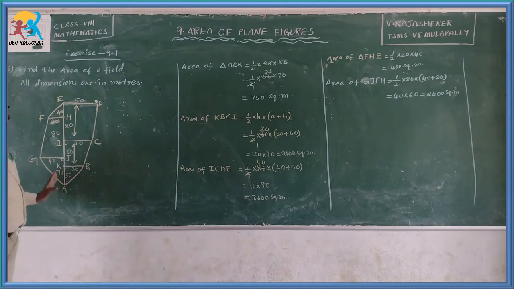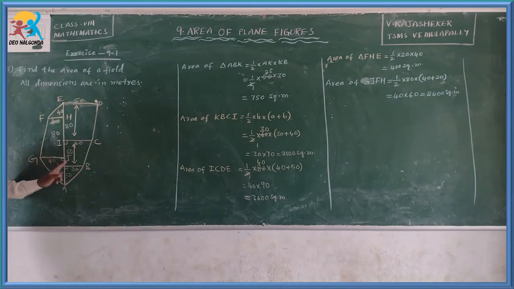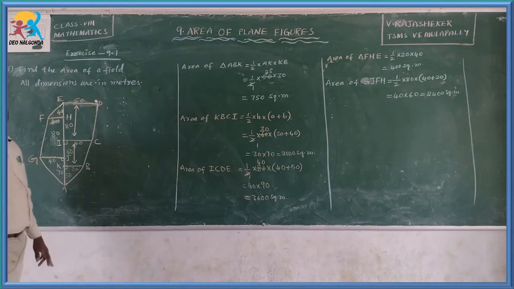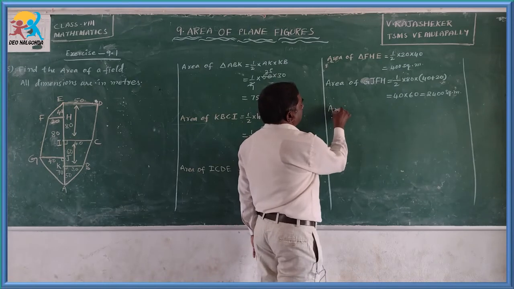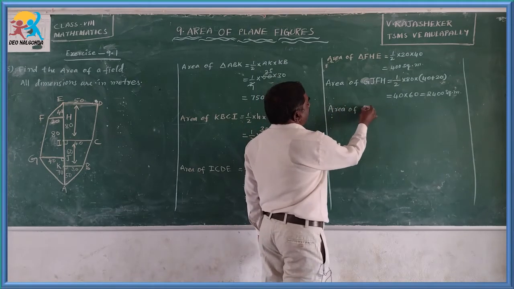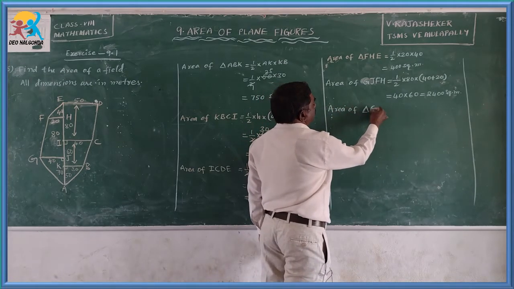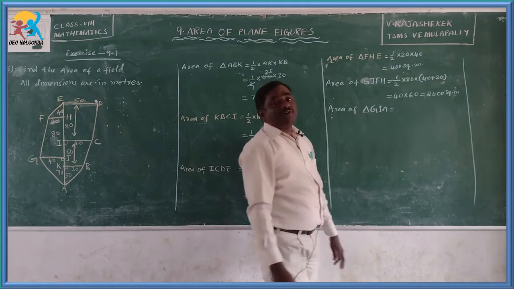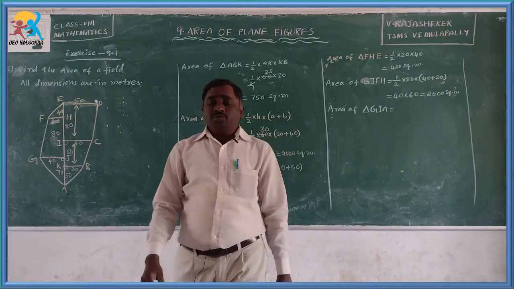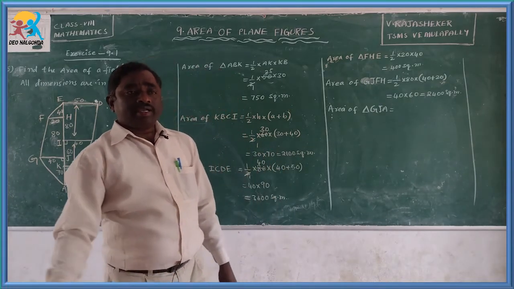Next, the last one is the area of triangle GJA. We know the formula already: half into base into height.